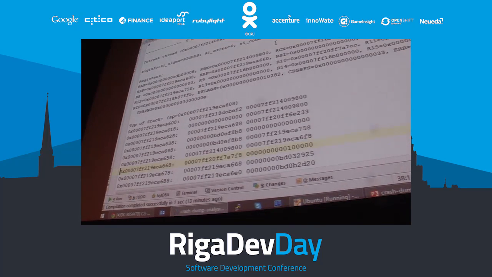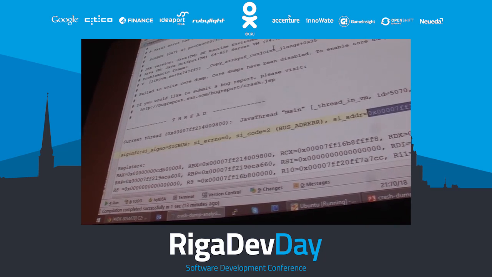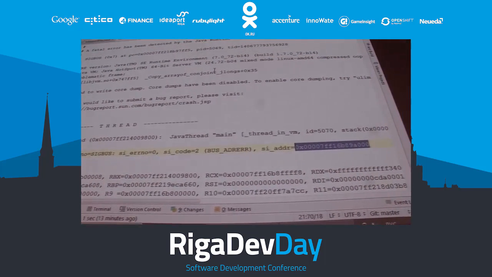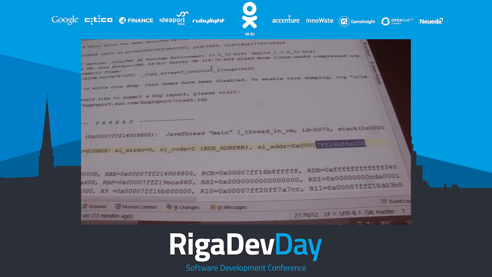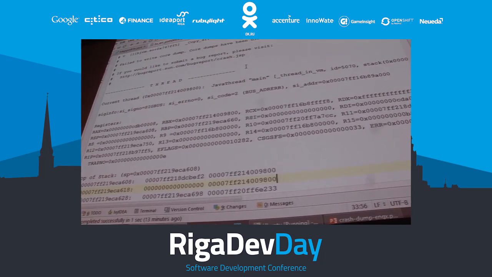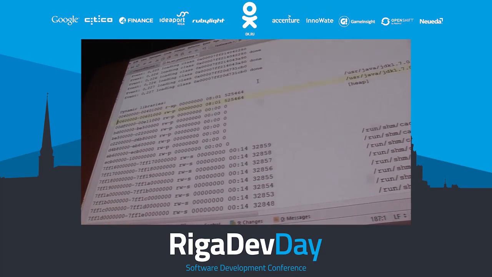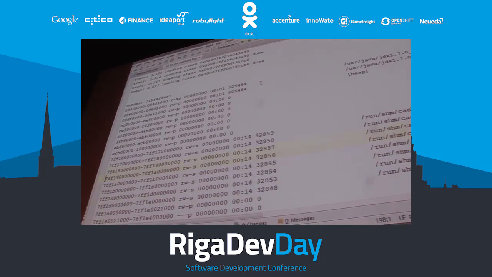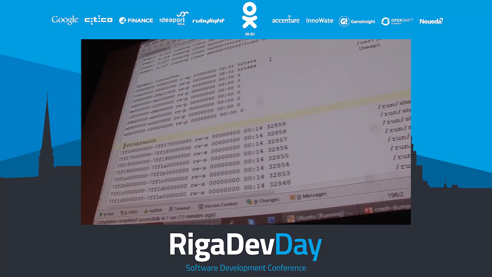What's next? We can analyze the address where we tried to write and use memory mapping to find the region it belongs to. Here is the list of all memory regions, and I can find if it belongs to any of the regions.